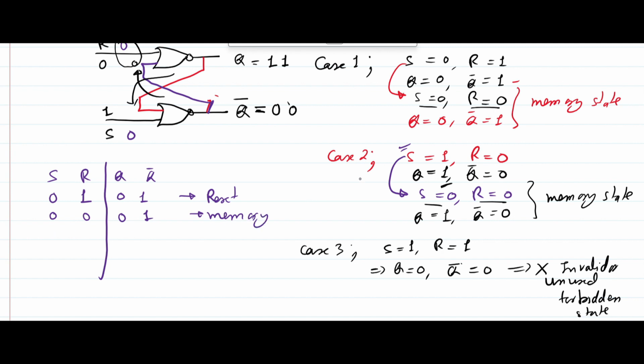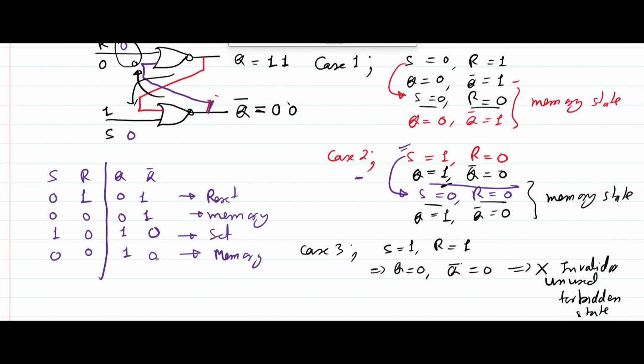After that I am taking case 2. So s is 1, r is 0, and I am getting q is 1 and q bar 0. Again, if I take 0 0, my output will be 1 0. So this 1 0 case here was set, and this 1 0 is memory. And why am I calling this memory?